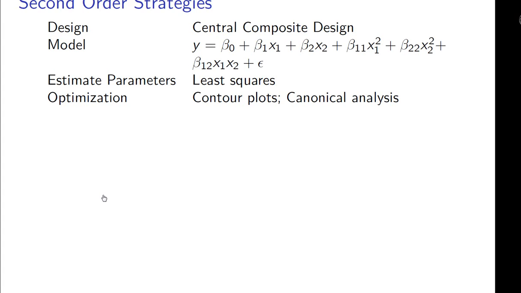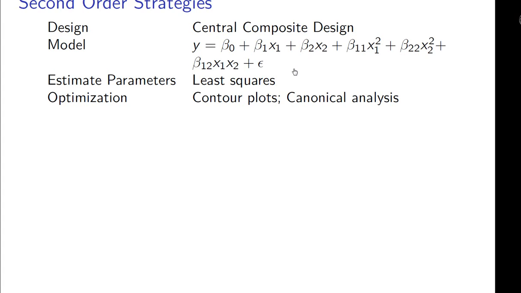If you have a second order model, so here's one where I don't just have contributions from the two factors in a linear combination, but I have also second order contributions by factors x1 and x2, and I also have an interaction effect of x1 and x2.